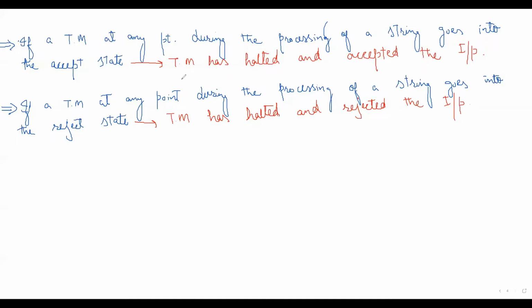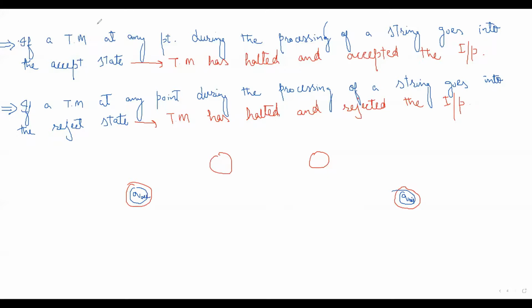Now, if it is in some other state during the processing of a string, there may be multiple other states, and there are two special states. One state is this, and another special state is this one. We will represent this by Q accept and this by Q reject.